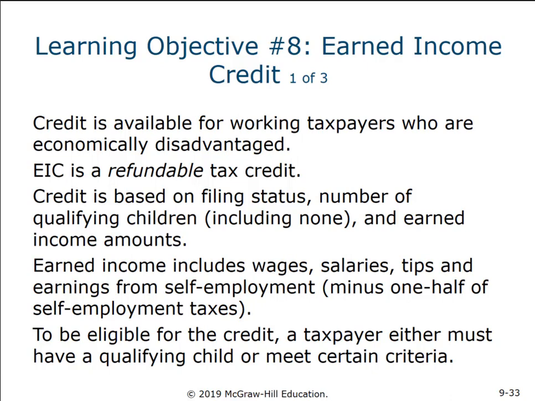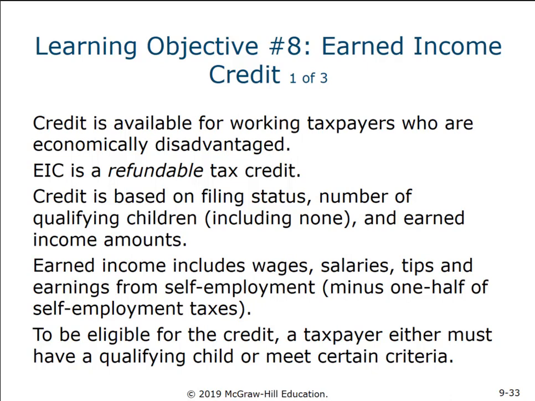So it's based on earned income. So basically the idea is, as your earned income goes up, if you start at 0 and your earned income goes up, the amount of the credit is also going to go up.